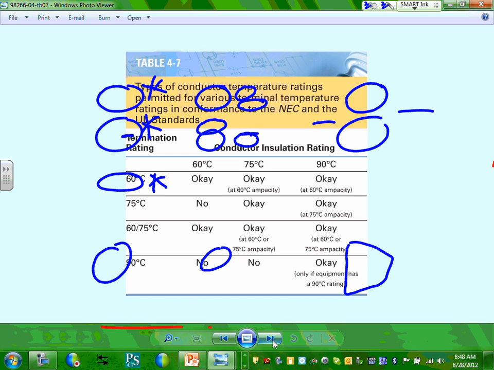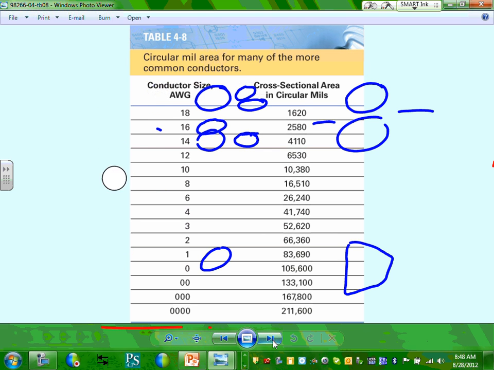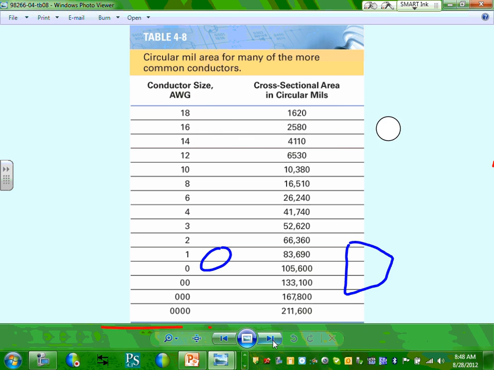We talked about the temperature rating for lugs and terminal ratings yesterday. This is basically telling you that you have to use the weakest link. If the lug's temperature is lower than the cable temperature, that's what you have to use. This table, guys, is Table 8 in Chapter 9 of the NEC code book.